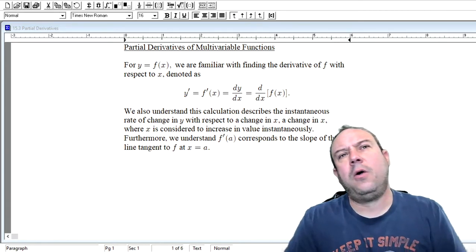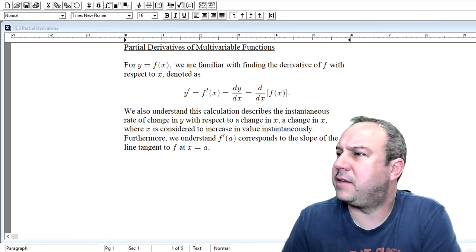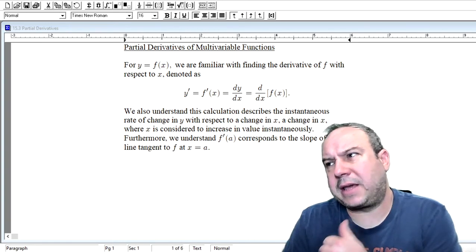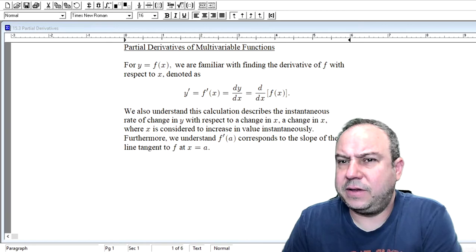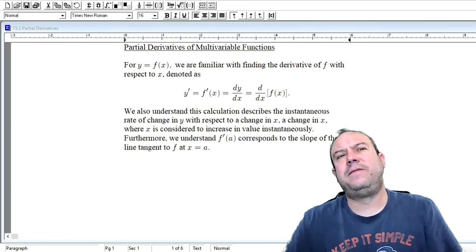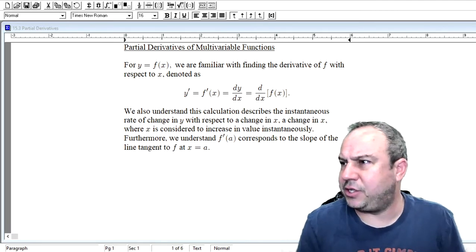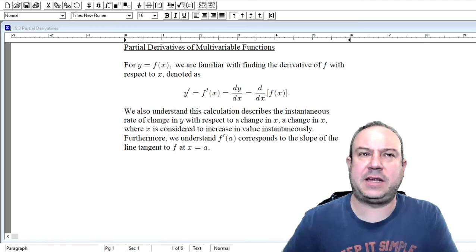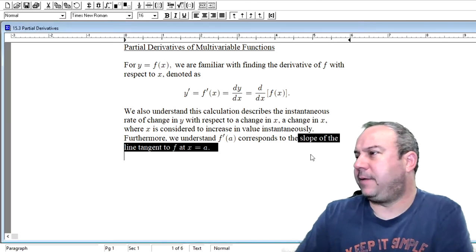All right. What we're now coming back to is this idea of derivative in the multivariable context. Now, if you remember back in Calc 1, our study of the derivative involved looking at a limit calculation, and this all related back to the slope of the tangent line, right?